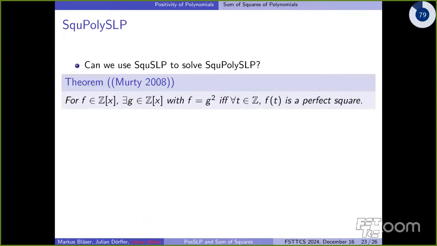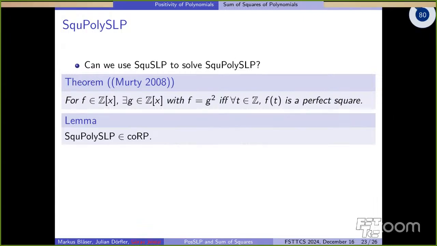Essentially, there is a result by Murthy who proved that a polynomial is a square if and only if, when I evaluate f at any integer t, it is always a perfect square, right? If f is a square, then this condition is always true. And he proved that if f is not a square, then there will be some t where f of t will not be a perfect square.